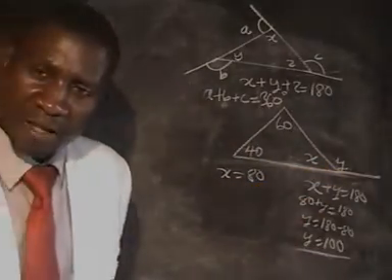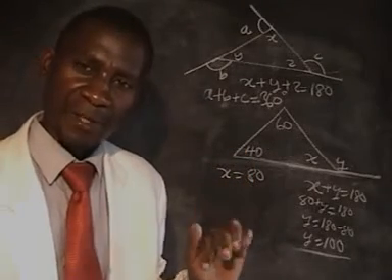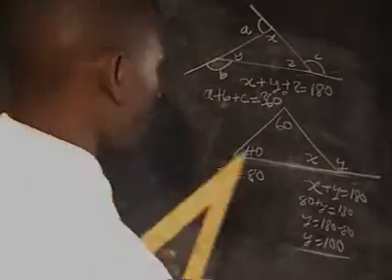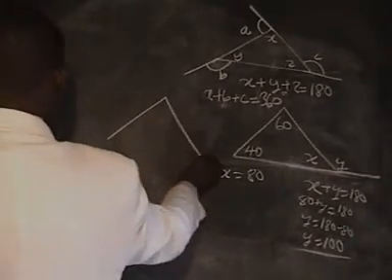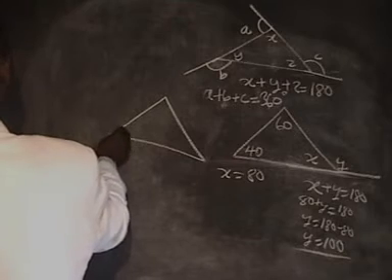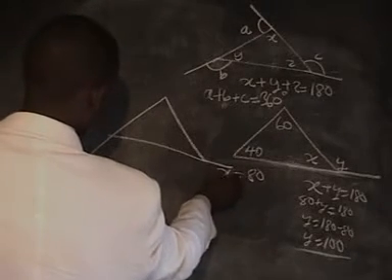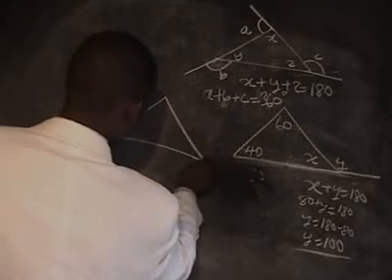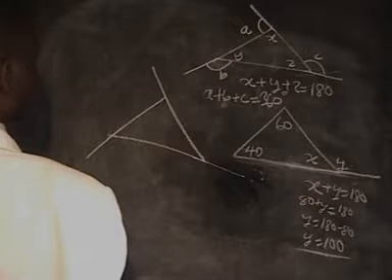I have raised an important factor: the three exterior angles add up to 360 degrees, whereas the interior angles add up to 180. There is a triangle. Let's assume that this line is extended and that line is also extended.